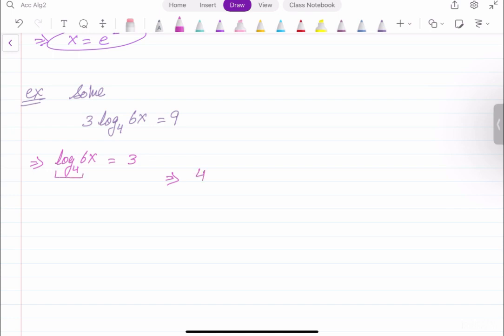So what we can do, we can take 4 both sides and log will jump up. We are using the property of inverse. Now 4 and log base 4, they are same. So 6x can come down and we have 4 to the power of 3. That will give you x is equal to 16.